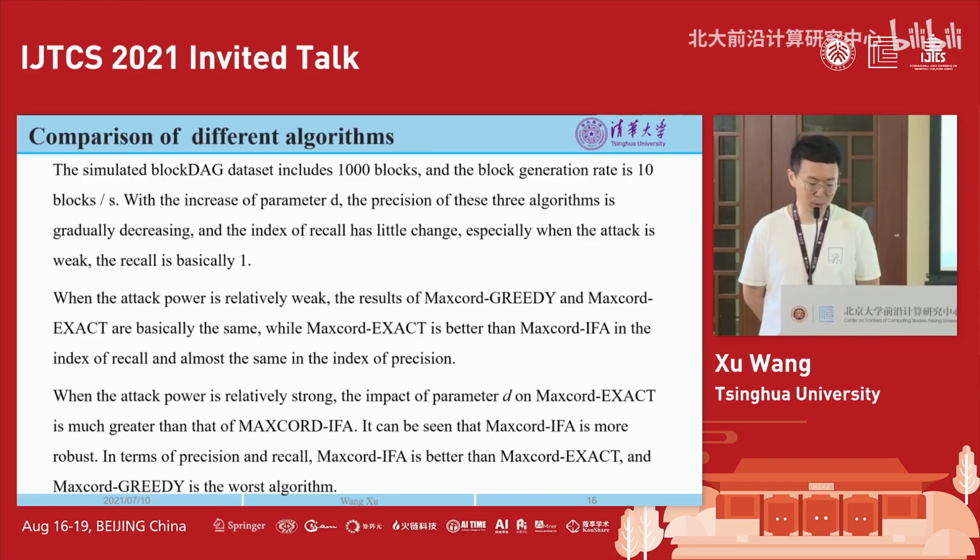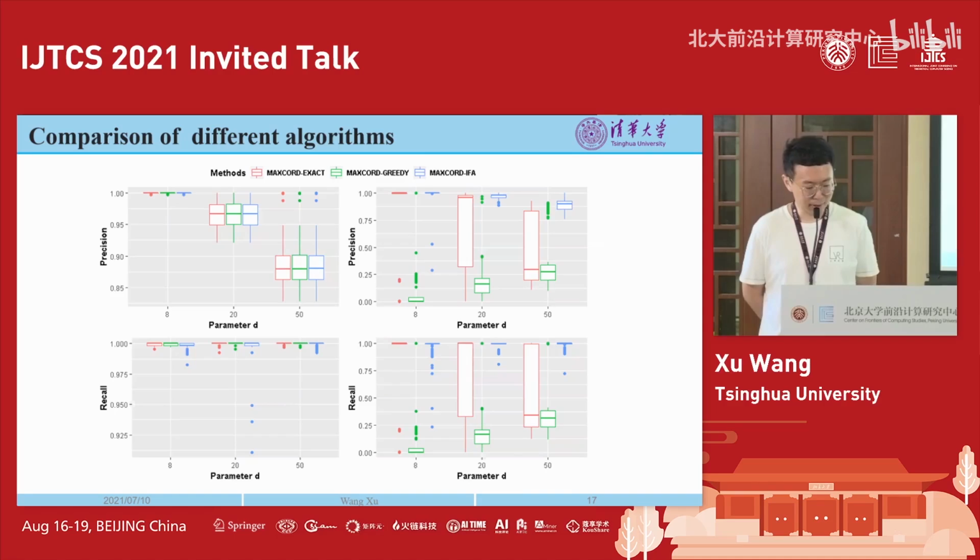When the attack power is really weak, the results of MaxClique-greedy and MaxClique-exact are basically the same. MaxClique-exact is better than MaxClique-RFA in the index of recall and almost the same in the index of precision. Here are the results of the 3 algorithms.